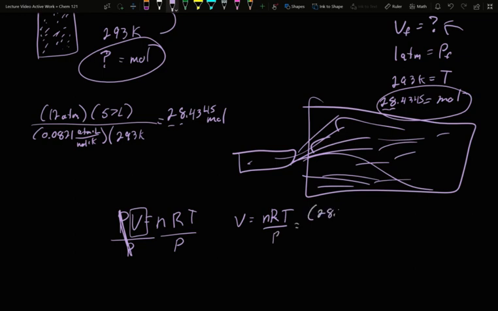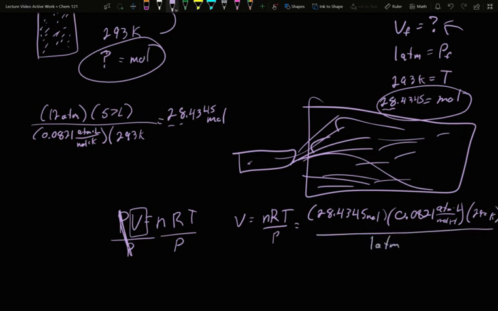Moles, 28.4345. My R, still using atmospheres, so 0.0821 atmosphere liters per mole Kelvin. My temperature, 293 Kelvin. And my pressure, 1 atmosphere.